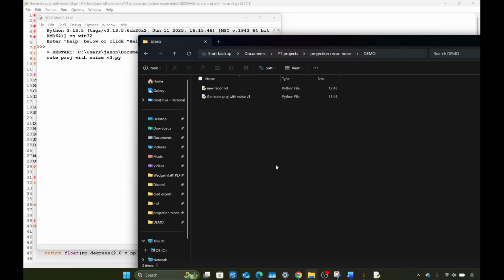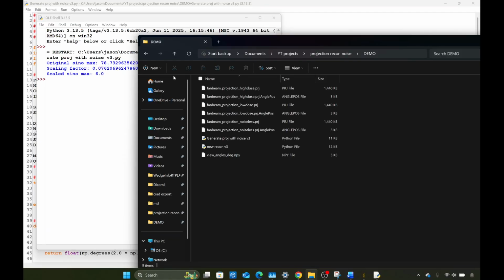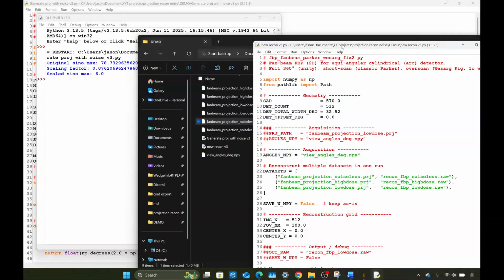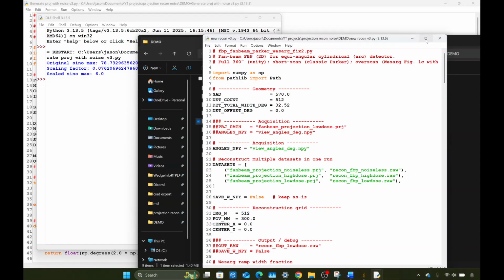And we will use ImageJ to take a look. Now it is done, and we can see it generates the high dose projection, the low dose projection, and the noiseless projection. Let's get the reconstruction going for the three projections.